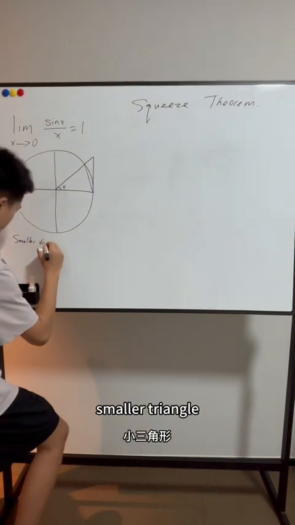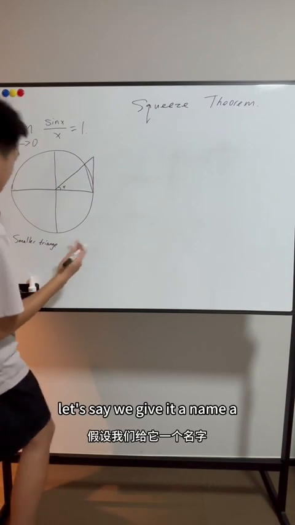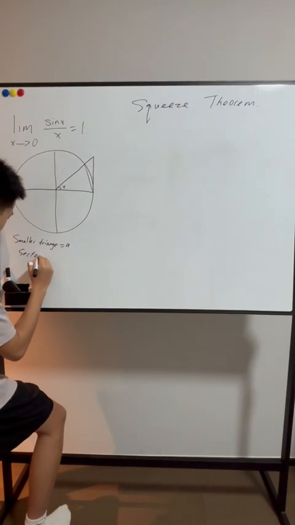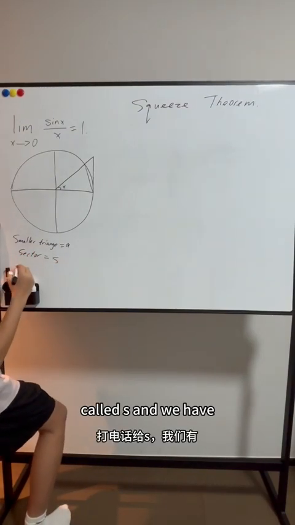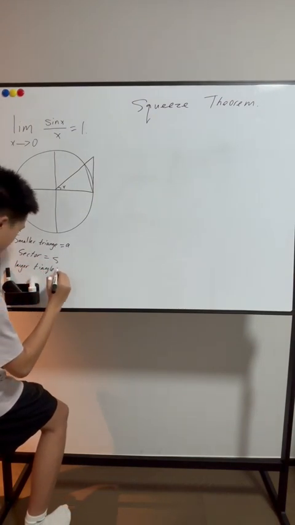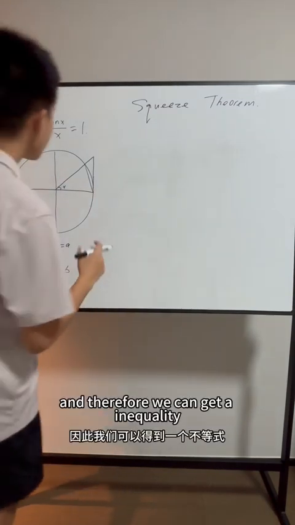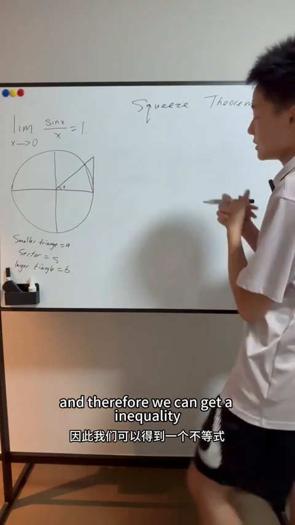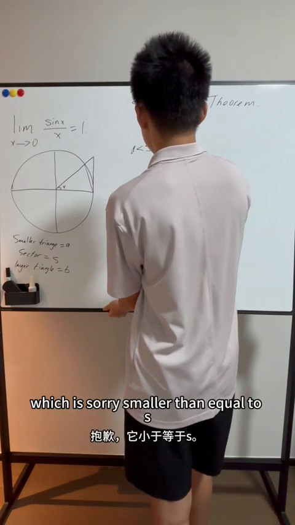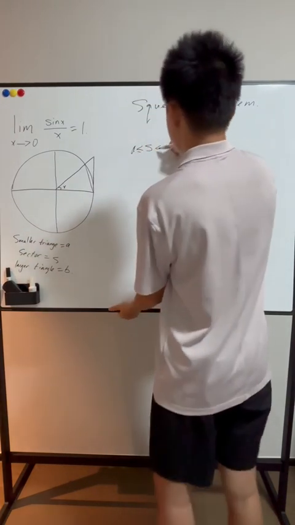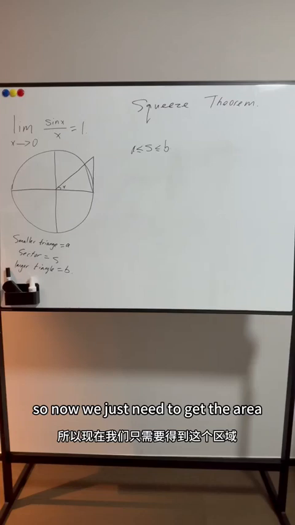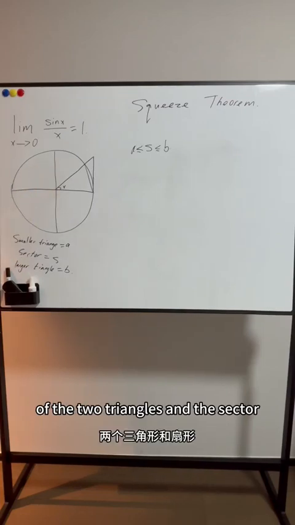The smaller triangle, let's give it the name A. We have the sector called S, and we have the larger triangle called B. And therefore, we can get an inequality, which is A is smaller than or equal to S, which is smaller than or equal to B. So now we just need to get the area of the two triangles and the sector.